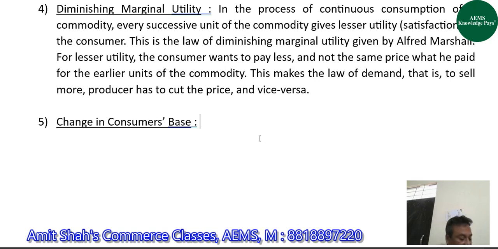Now suddenly the company has increased its price from rupees 120 per kg to rupees 200 per kg. Because of that, its demand will fall from 500 kgs a month to, let's say, 400 kgs per month. Because many families decided to quit that commodity and shift to some other basmati rice, which is still available at rupees 120 per kg. Understood or not? This is change in consumer base. You can start noting this down.